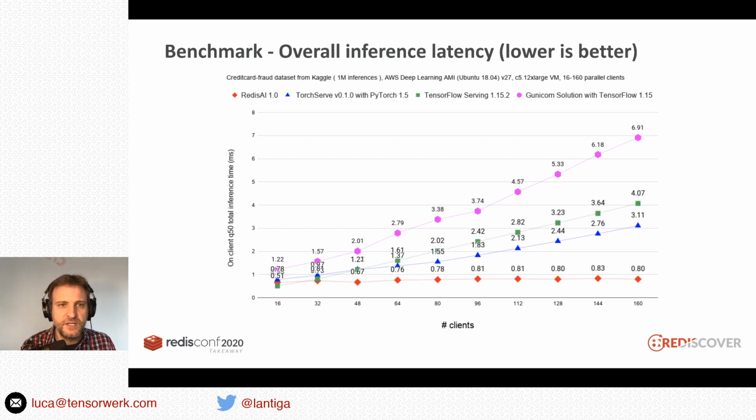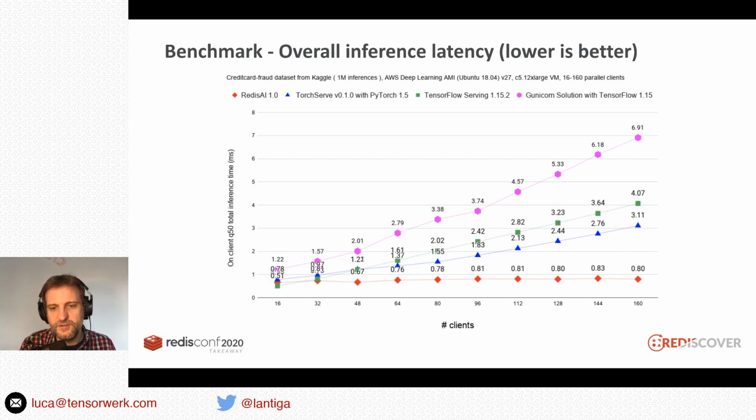And here you see latency of the various solutions. Lower is better here. In red, you see RedisAI. On the x-axis, there's the number of clients. On the y-axis is the median inference time.